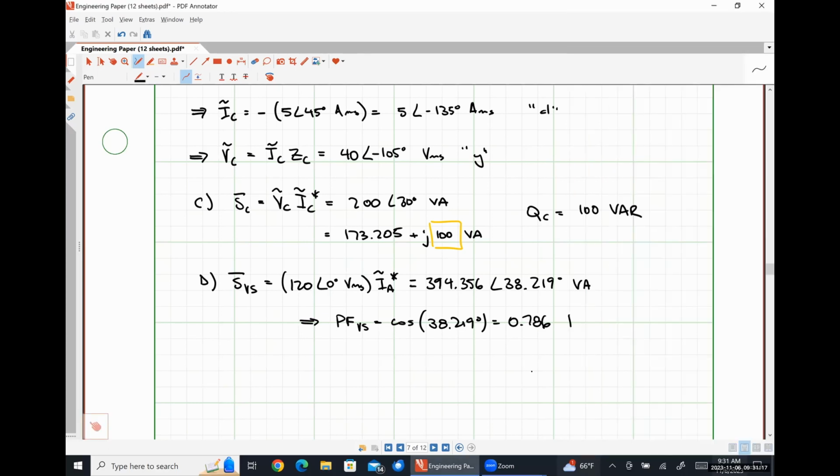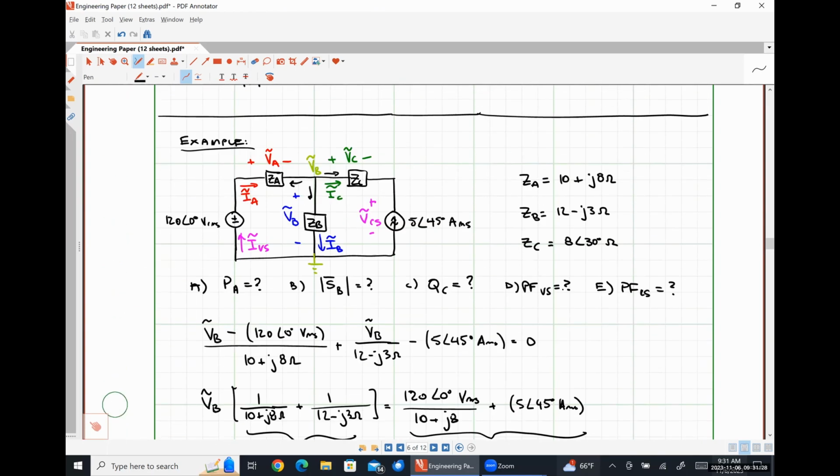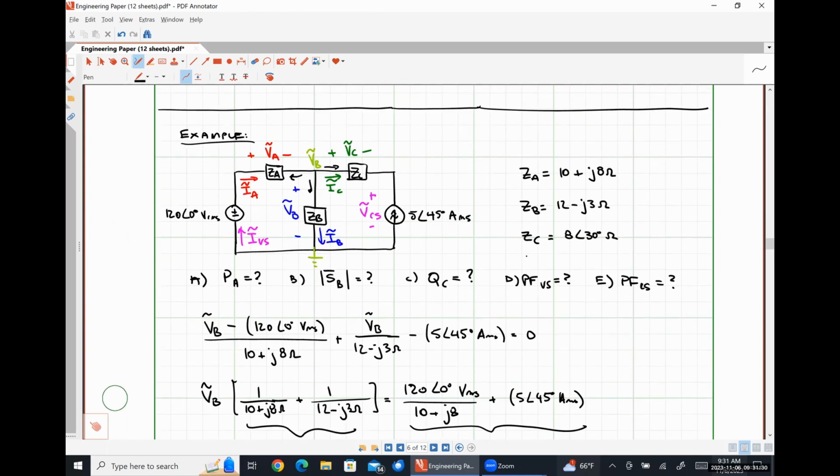Go away menu thing. Lastly, for part E, how am I going to find the voltage drop across my current source? VB minus VC, absolutely correct.